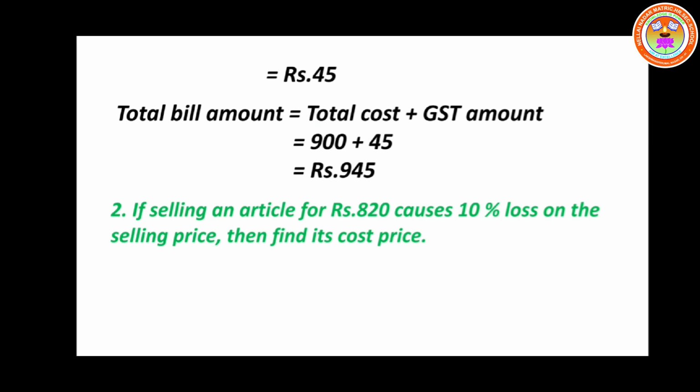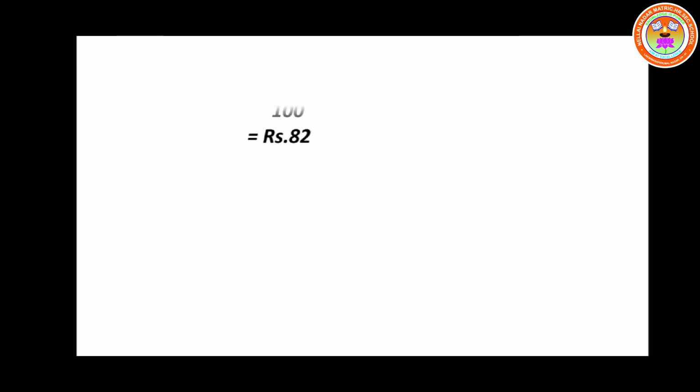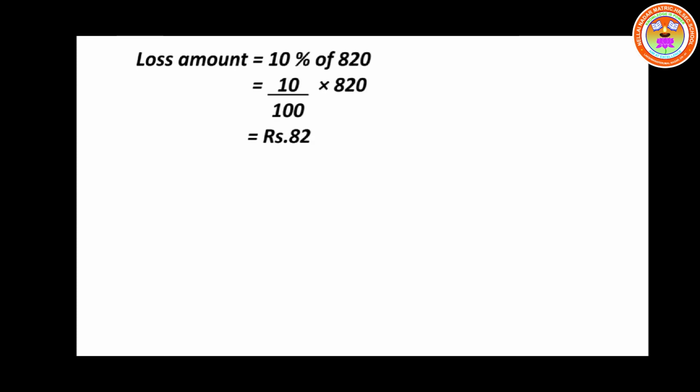We have to find the cost price. Solution: given the selling price equal to rupees 820, loss percentage 10% of your selling price. Okay, so 10% of 820. So you can write 10 divided by 100 into 820. You just cancel, simplify it, you'll get the answer rupees 82.